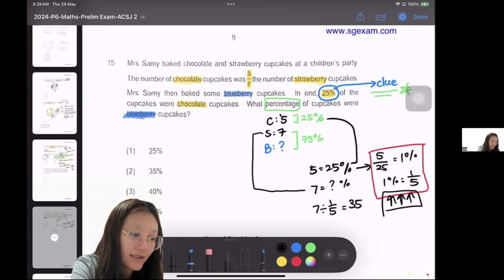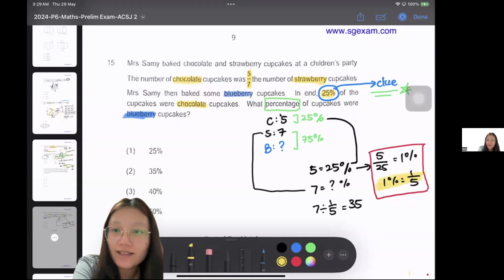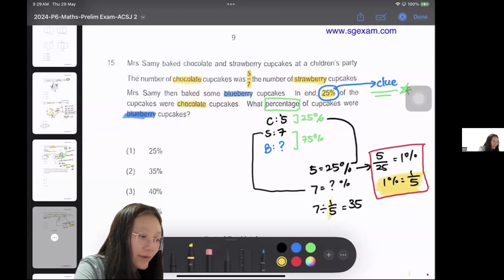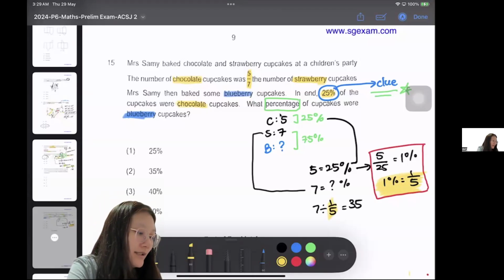See this? See that? Wait, let me just use a highlighter. Because 1% equals to 1/5. So when there is 35 1/5 inside of 7, that means that there is 35 1%.